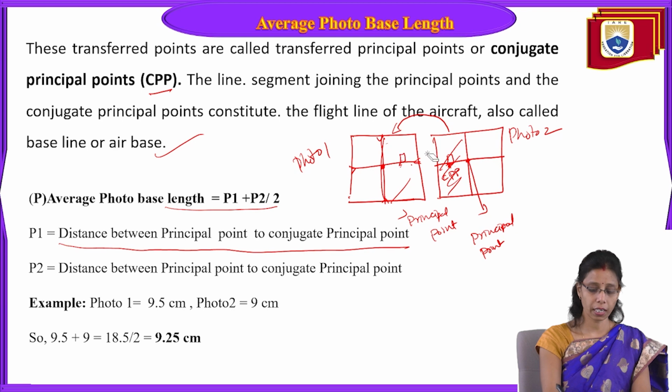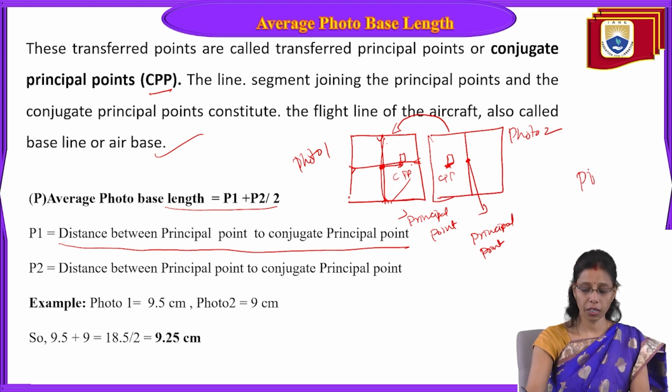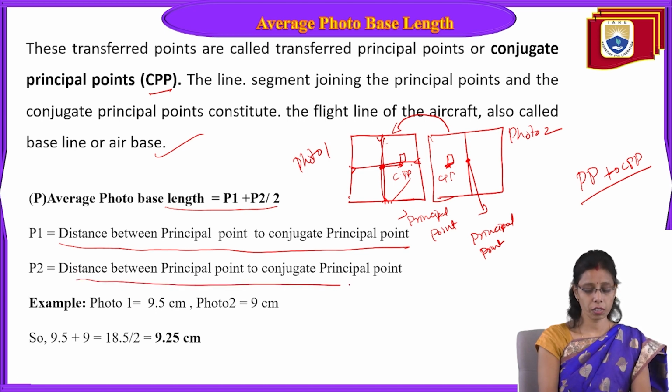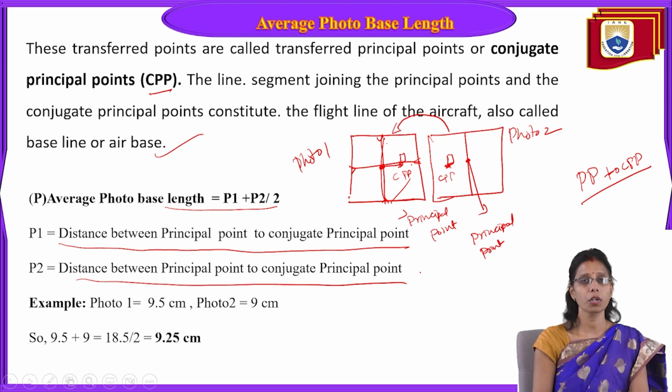Your CPP is somewhere here. We find the distance from principal point, PP, to CPP for photo number 1, and likewise the distance between principal point and conjugate principal point for photo number 2.